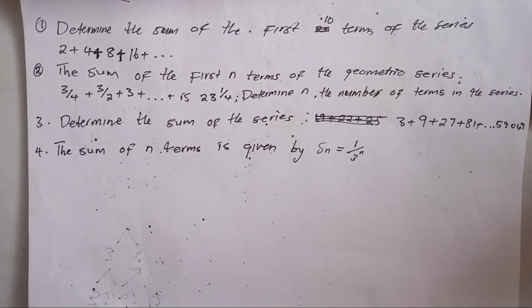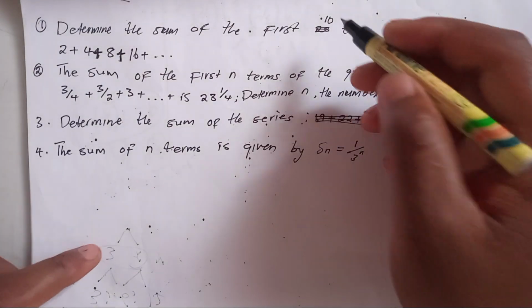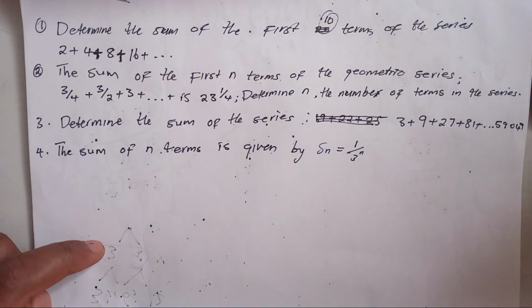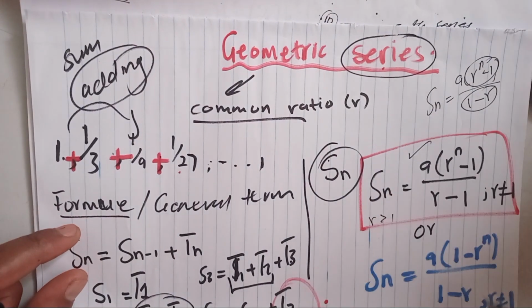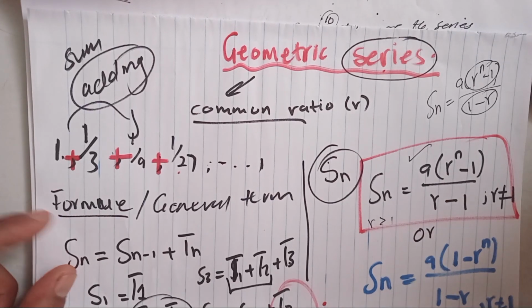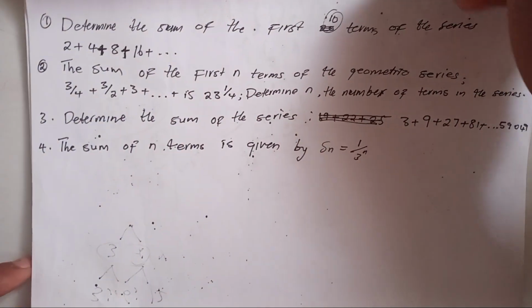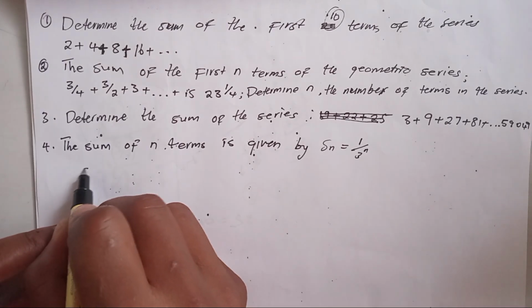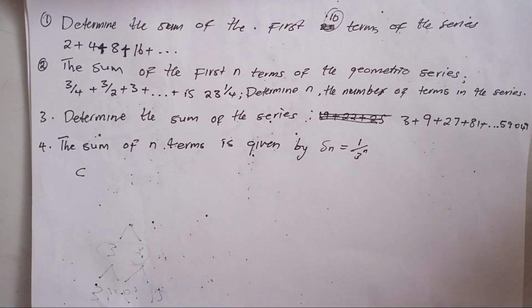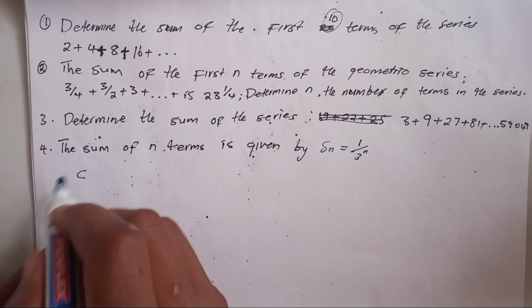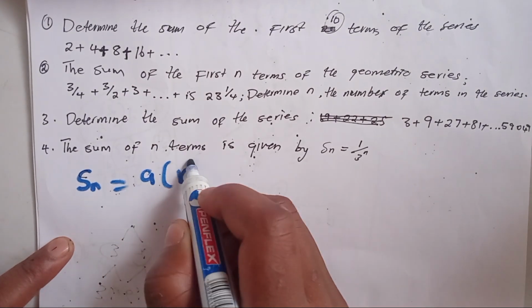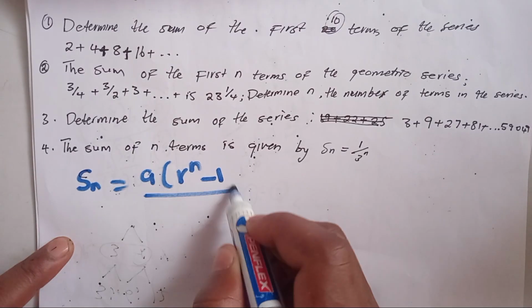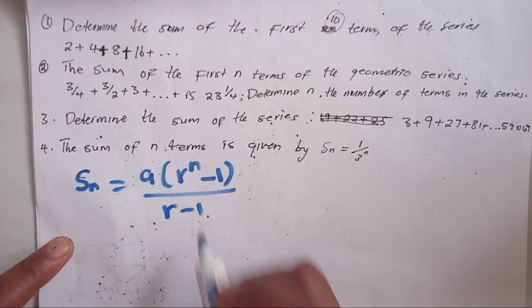So what do you have to know in order to find it? You have to use this formula or this formula. So let's try to use one. The formula says Sn is equivalent to a into r exponent n minus 1 divided by r minus 1.